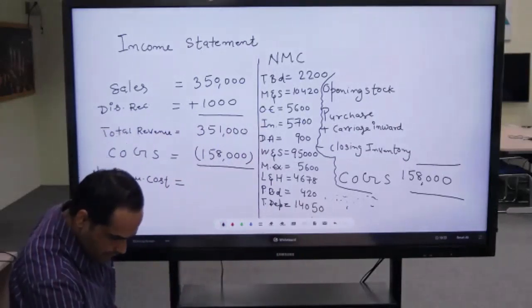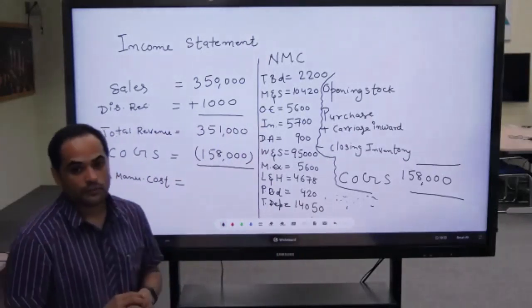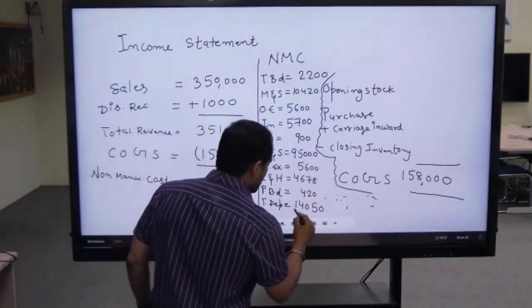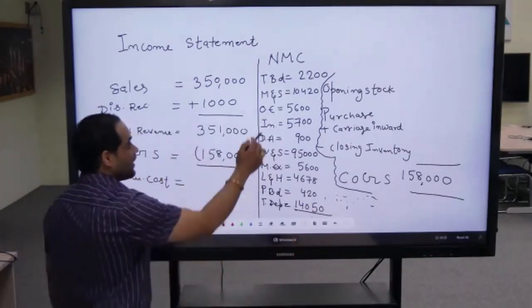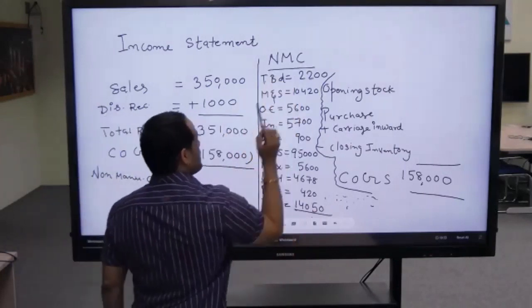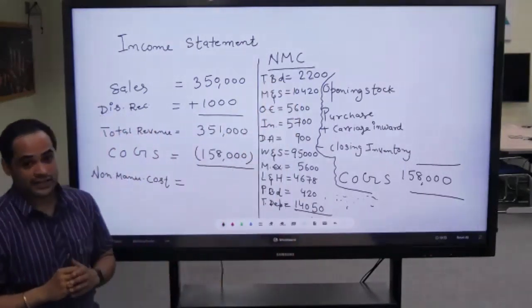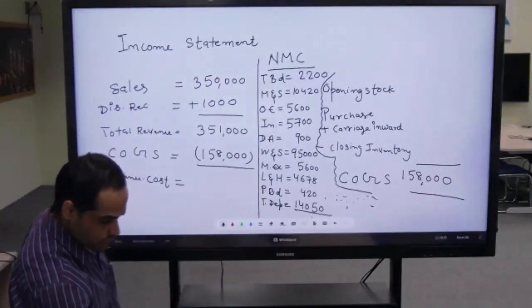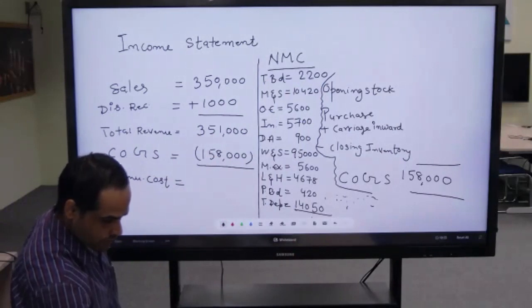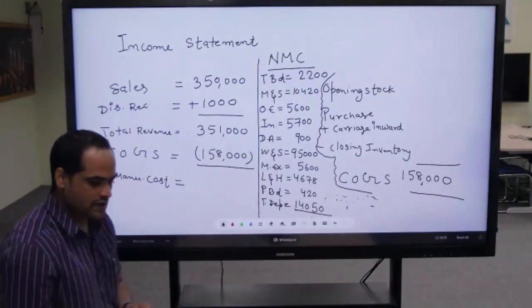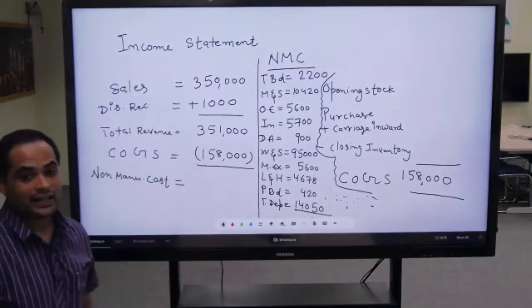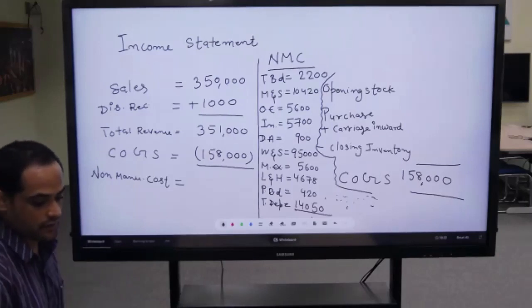Did we miss any other expense? No, that's all the expenses. So now tell me how much is your total non-manufacturing cost or non-manufacturing expense. Quickly, add them all and give me the answer.